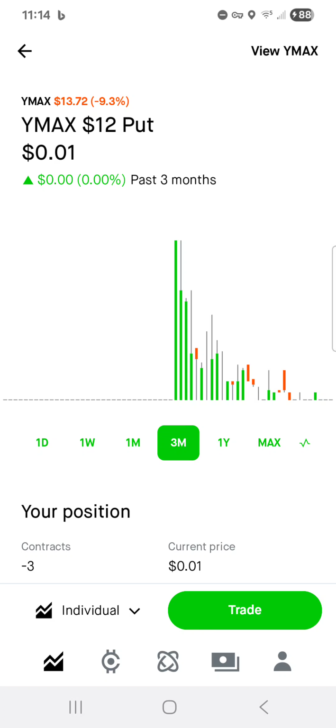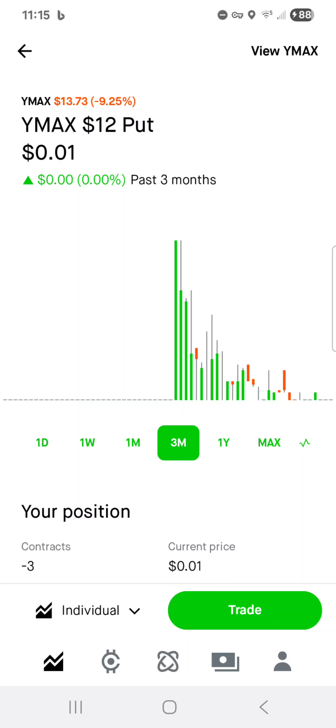So let's say the stock price dips to $11 and they exercise that put. Then they're okay because they're making you buy it for $12 a share. And if they didn't do anything with options and they just controlled 100 shares of that stock, they'd be out $1 per share if they sold it at $11.